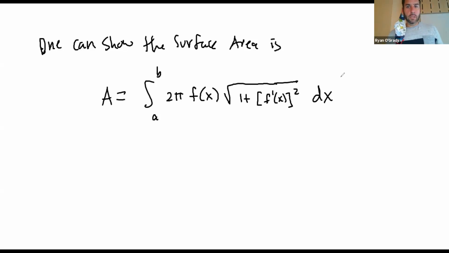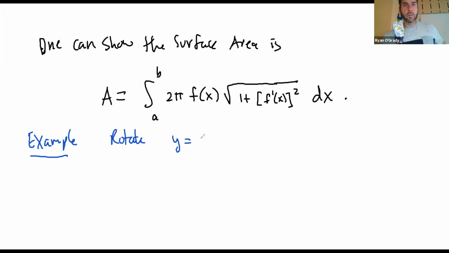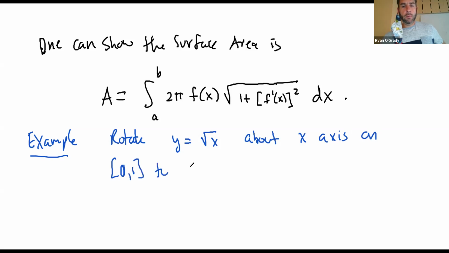So let's do one like on your homework. Let's rotate y equals the square root of x about the x-axis on 0, 1, or let's just say 1, 2.